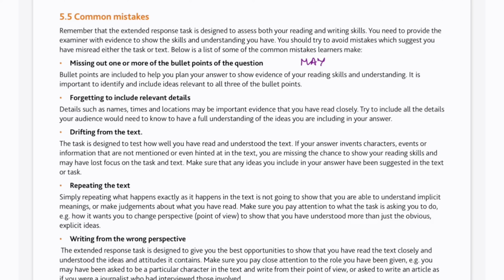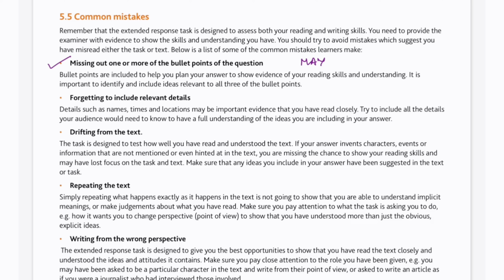So explain this and so and so. All these things should be noted, and accordingly you should be answering each and every question and point asked in the question. Clear with this? Here we complete the first one, missing out one or more of the bullet points.